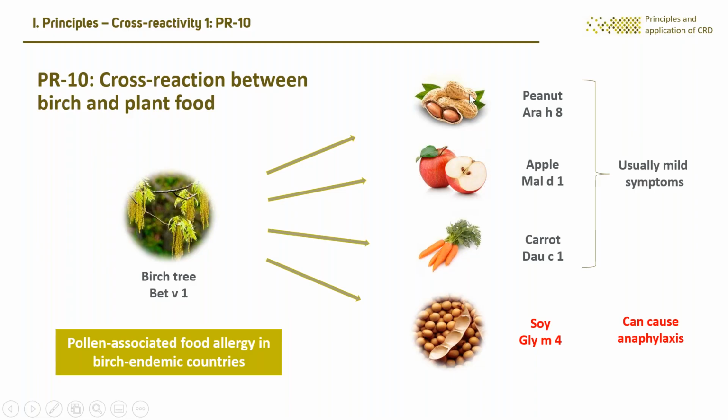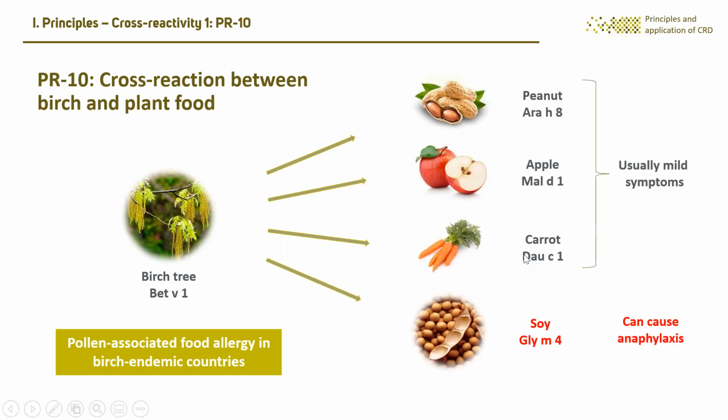In most cases, symptoms of these food allergies are very mild. They are called oral allergy syndrome because they are restricted to the oral cavity, the lips, and the throat. In case of Ara h 8 from peanut, it can be a bit more severe, but usually these symptoms are rather mild.